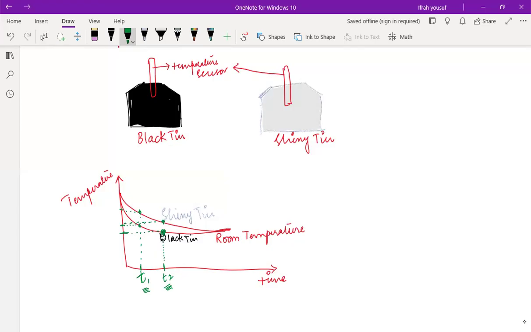So this is telling us that the black tin is a good emitter.